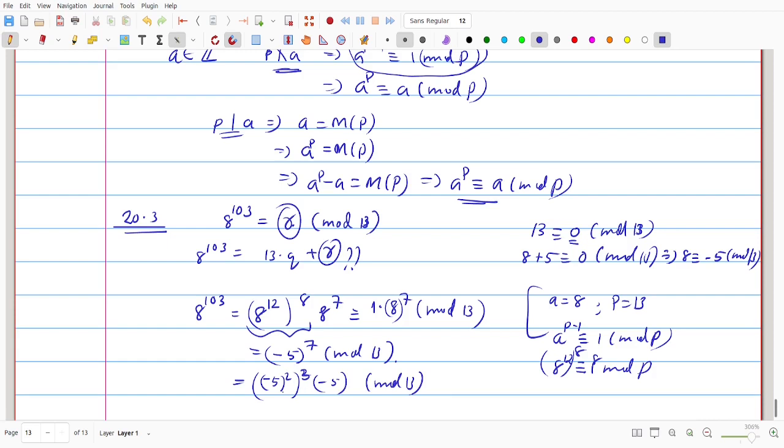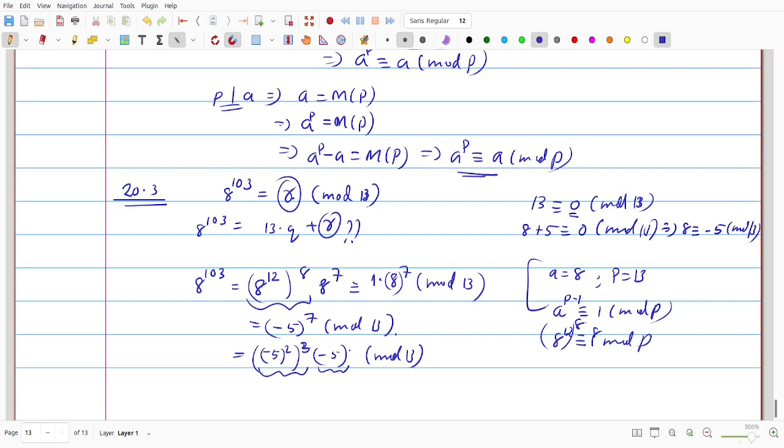What is the justification of this? You write minus 5 into minus 5 into minus 5, 6 times first, then 1 time. This is minus 5 raised to 6 and this is minus 5 raised to 1. Obviously, the value of this is 25 raised to 3 and minus 5 mod 13.